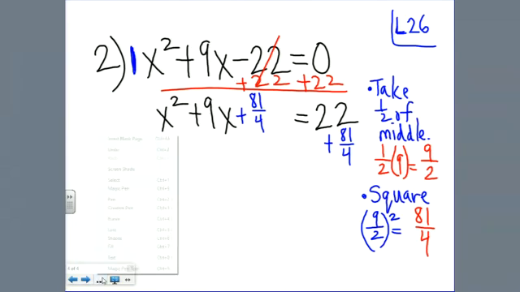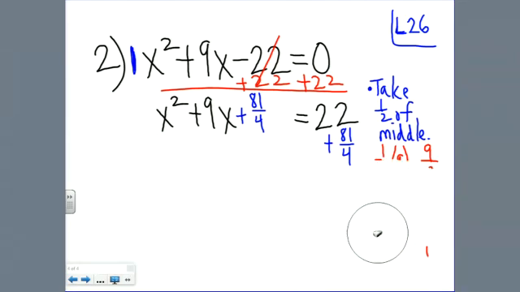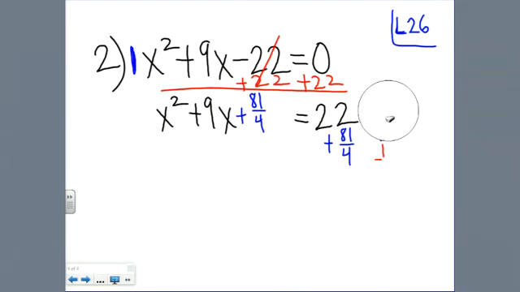Now, on the right-hand side, let's simplify that before we deal with the left side. In order to combine these two numbers together, they must contain the same common denominator. So what we can do is rewrite 22 as 88 over 4.